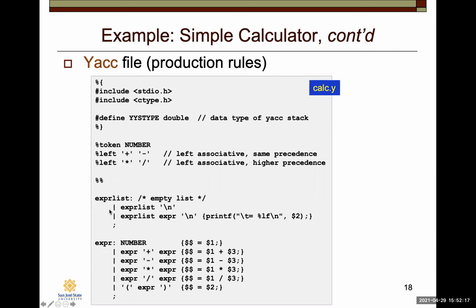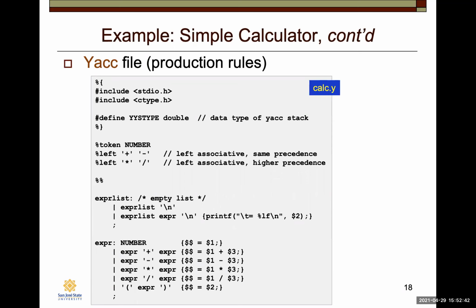Well, here are the grammar rules. It says that an expression list can be empty, or it can be an expression list followed by a line feed character, or it can be an expression list followed by an expression followed by a line feed character. So you can see there's a recursion going on here.